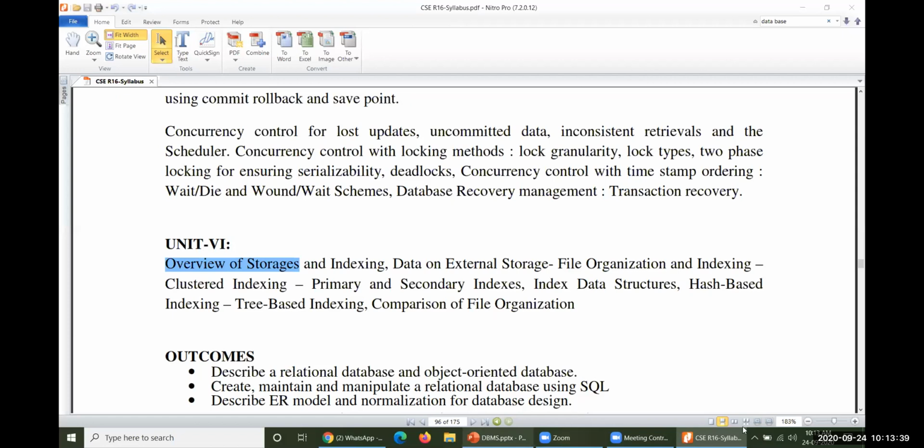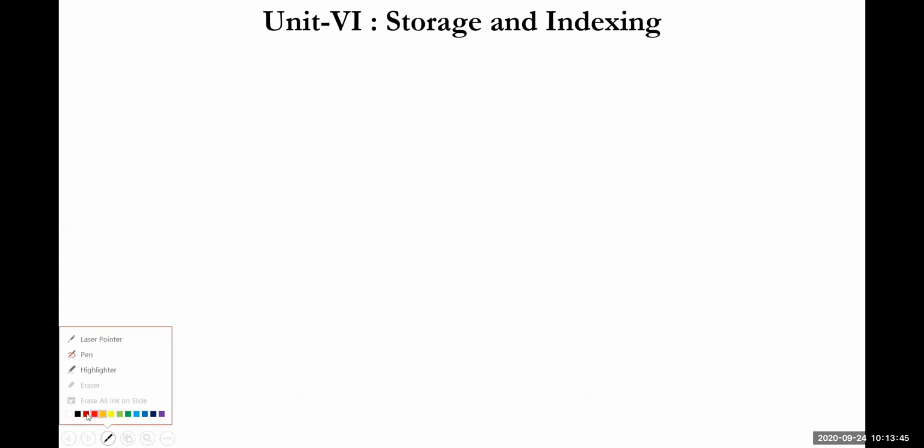The specific points we have to concentrate on in this unit are storage and indexing. Basically, it concentrates on storage and how the data will be picked up at faster rates. Probably in the coming 4 to 5 sessions, we would like to concentrate on this unit. Today we would like to concentrate on storage.